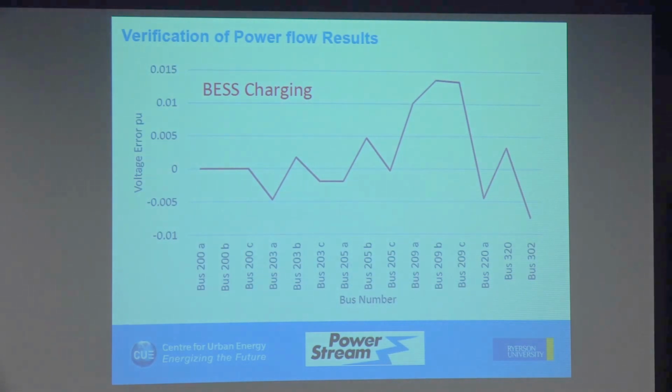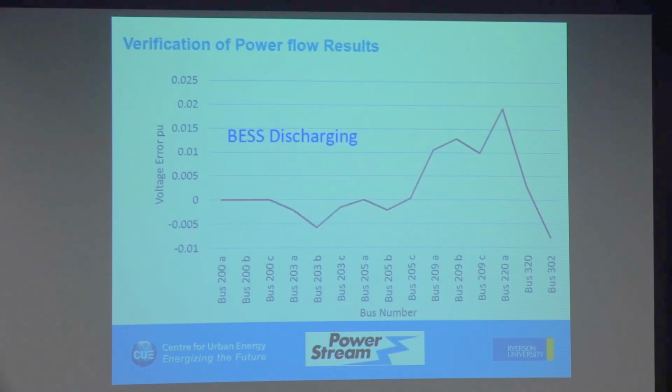So in the charging case, voltage error in per unit is mostly within 0.01, right? Which is about 1% error. This is when it is charging, and this is when it's discharging. So from our perspective, it is not a significant difference that we need to worry about.